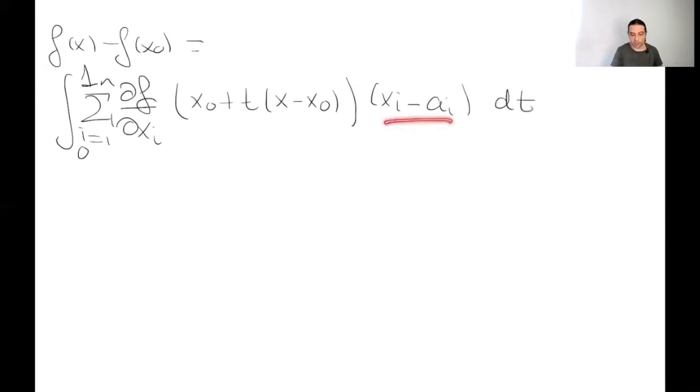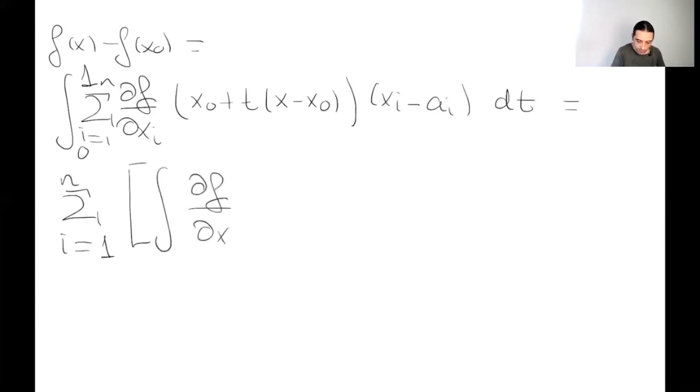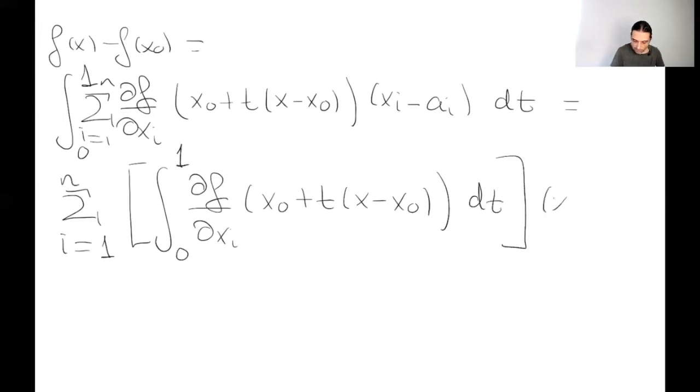And since this expression does not depend at all on t, and also since the integral is a linear operator, we have that this is the sum from i equal 1 to n of the integral of the partial derivative of f with respect to xi at the point x0 plus t times x minus x0 dt. This is an integral between 0 and 1, and we have to multiply here by xi minus ai.